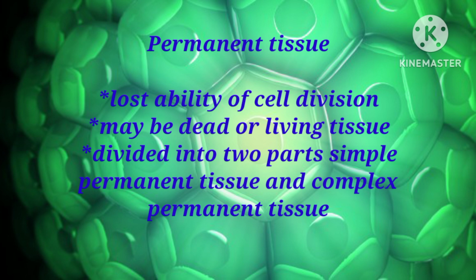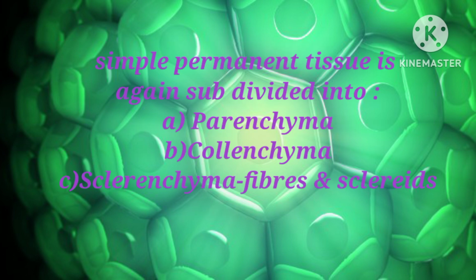We have already seen in the flow chart how simple tissue is subdivided into different types: parenchyma, collenchyma and sclerenchyma. Sclerenchyma is of two types, fibers and sclerids. First we'll discuss parenchyma.